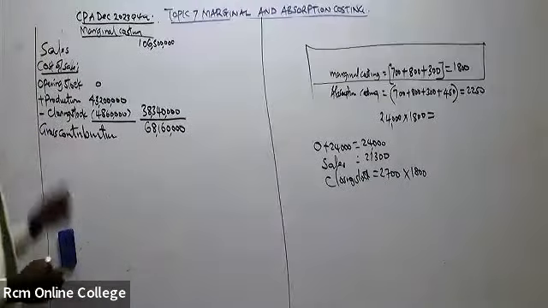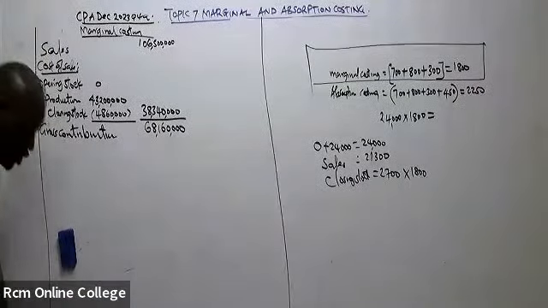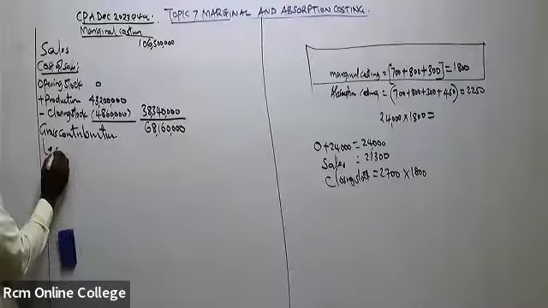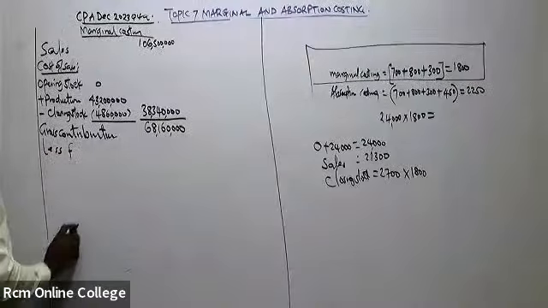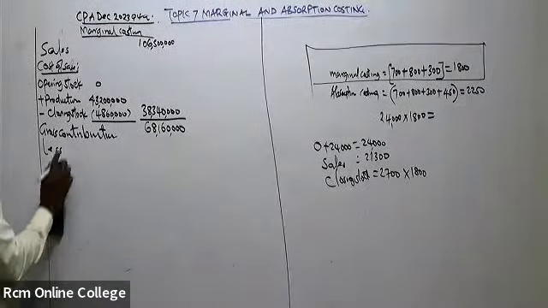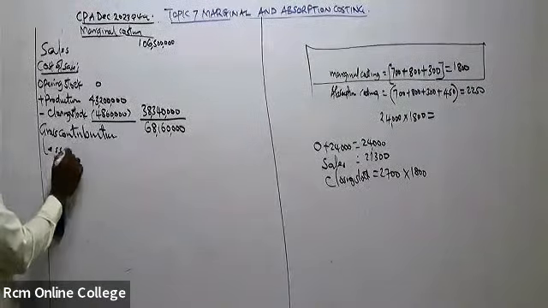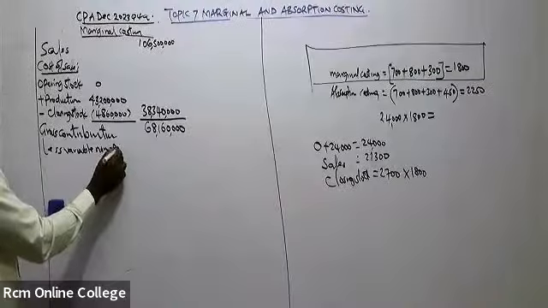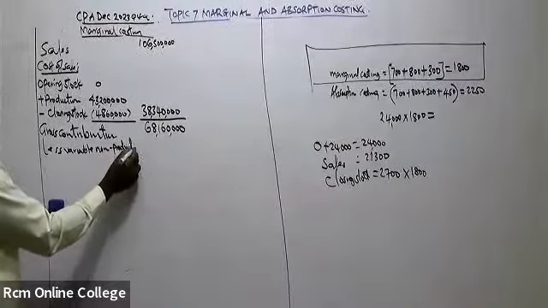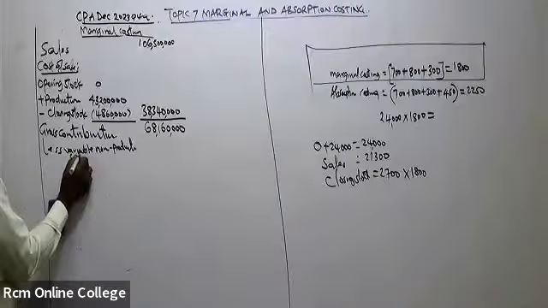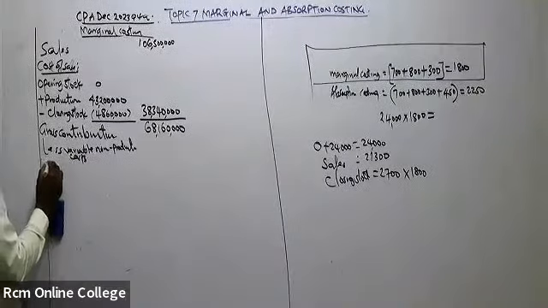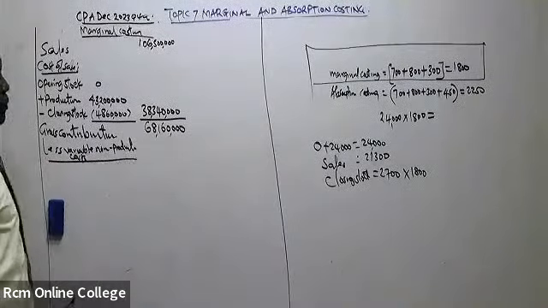To the gross contribution, we need to less variable non-production costs. So which one is the first variable non-production cost?